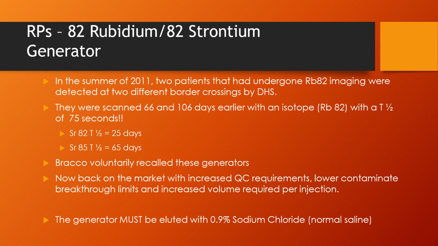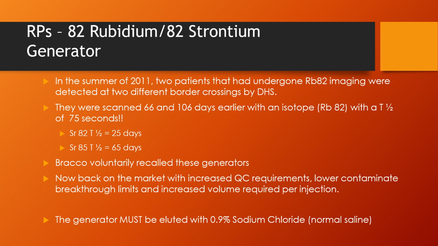So in the summer of 2011, 2 patients that had undergone rubidium-82 imaging were detected at 2 different border crossings by the Department of Homeland Security. They were scanned 66 and 106 days earlier with rubidium, and the half-life is only 75 seconds. The half-life of strontium-82 is 25 days, and the half-life of strontium-85 is 65 days.